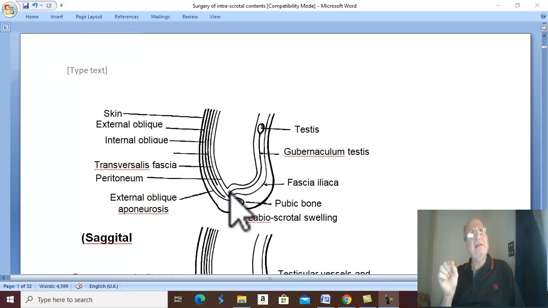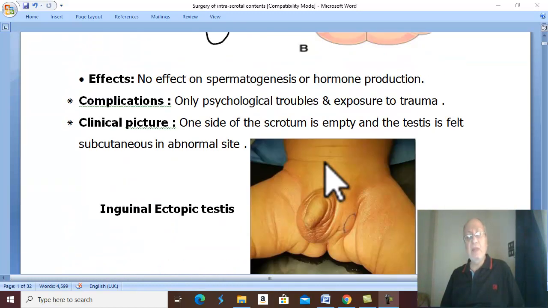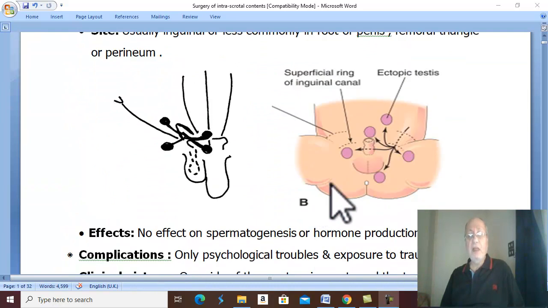Main scrotal tail, this means that there are accessory tails. Yes, there are small accessory tails of gubernaculum.